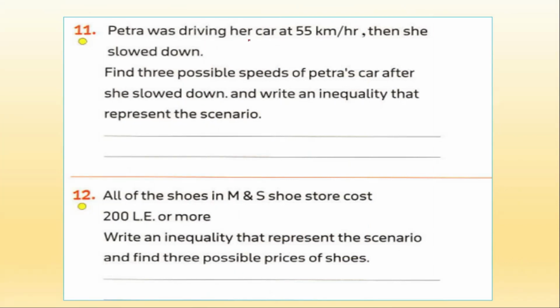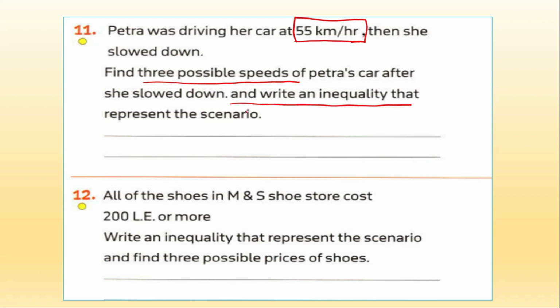Petra was driving her car at 55 km/h. Then she slowed down. Find 3 possible speeds of Petra's car after she slowed down and write an inequality that represents the scenario. Okay, this is the speed she was driving at, and then her speed started to decrease. So what does he want from me? 3 possible speeds, and then write the inequality.